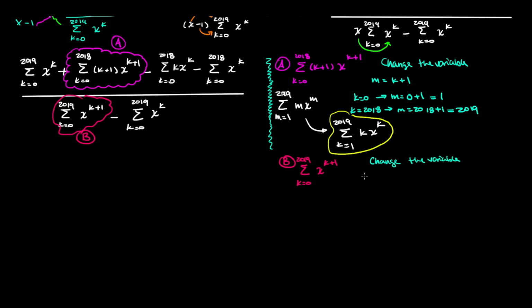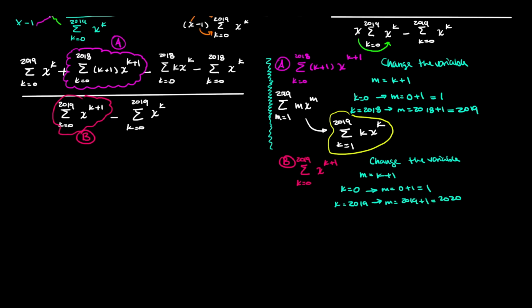So changing the variable, m equals k plus 1. When k equals 0, m would be 0 plus 1, that'll be 1. And when k equals 2019, m would be 2019 plus 1, that'll be 2020.